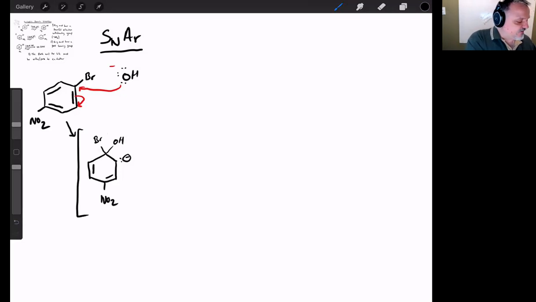Where the previous example involved electrophilic aromatic substitution, the intermediate ionic structure was called a sigma complex.